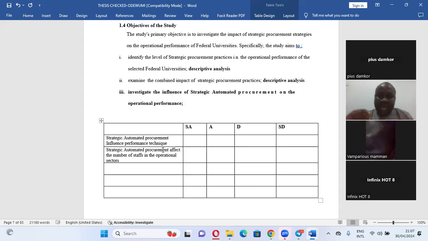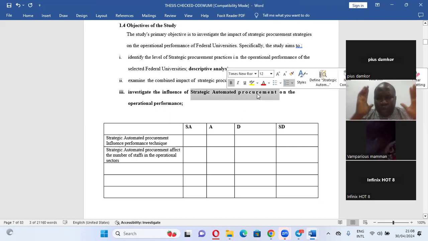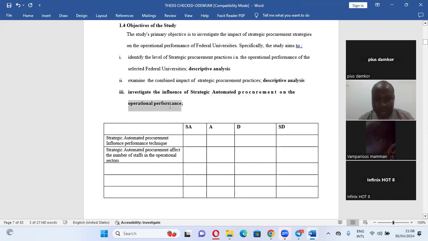But if you plan to use inferential for this statement, it means that when you are designing your questionnaire, the instrument that will measure the variables in your objectives, the strategic automated procurement table must be on its own. You must put questions that answer strategic automated procurement on one table, and then bring up another table, section B or section D or section E, that will measure operational performance.